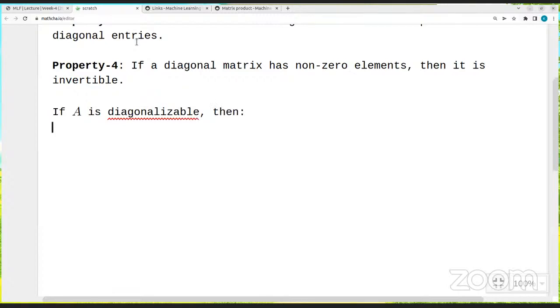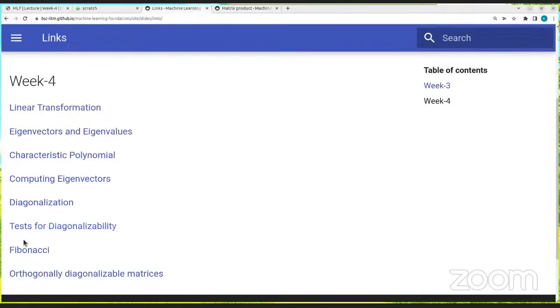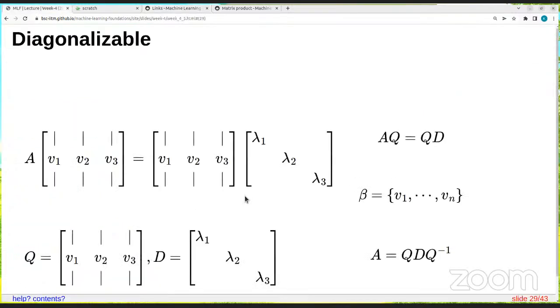Okay, the example will come. Don't worry. When we take up the part on the Fibonacci sequence, we'll actually show the full example.